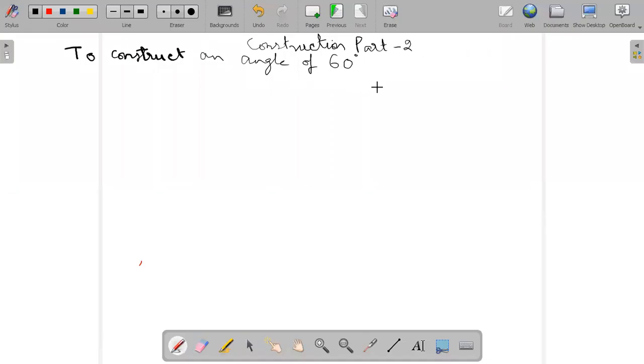Construction part 2: to construct an angle of 60 degrees at the initial point of a given ray.